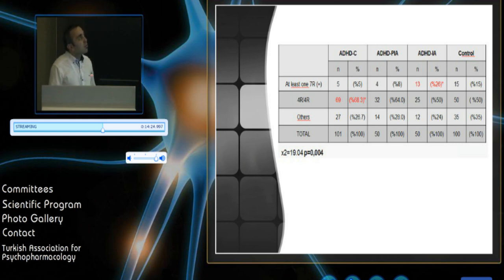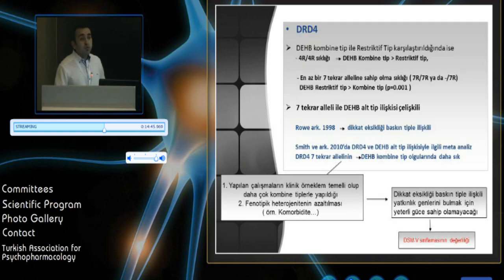This is not in DSM-5 right now, but the pure attention deficit group was what we saw in that trial. We compared those with the control. Homozygote is higher in frequency in the second group, but in the restrictive group, the 7 repetition allele is seen more frequently. Of course, those results are conflicting with one another. We cannot say something definite.